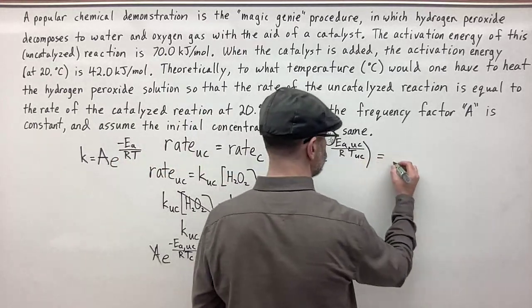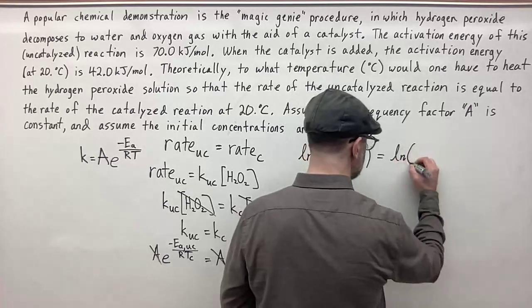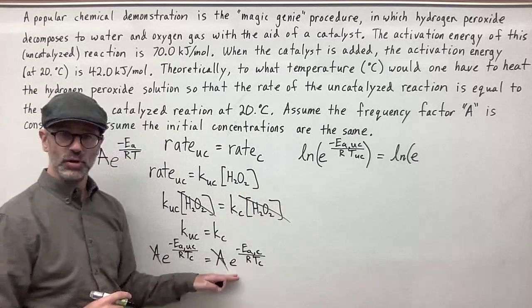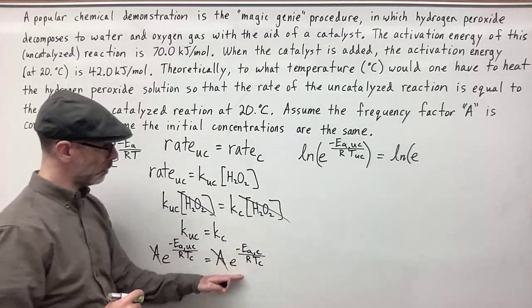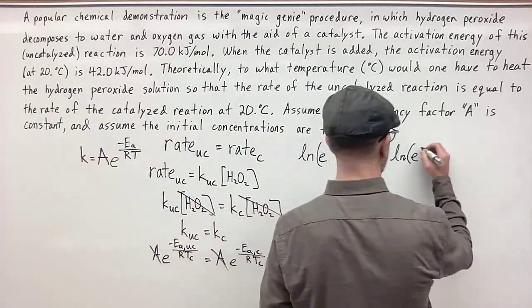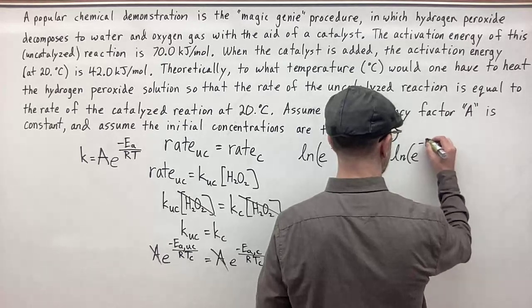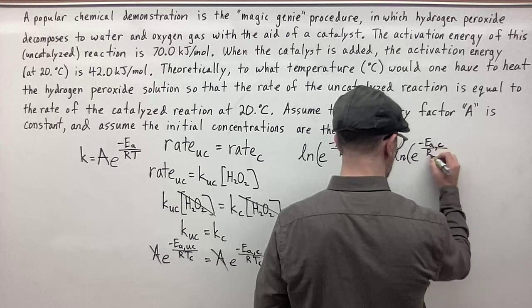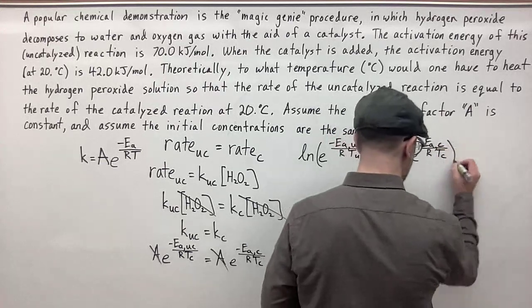And that's equal to the natural log of e raised to the catalyzed part, so that's going to be raised to the power of negative activation energy catalyzed divided by R times T catalyzed.